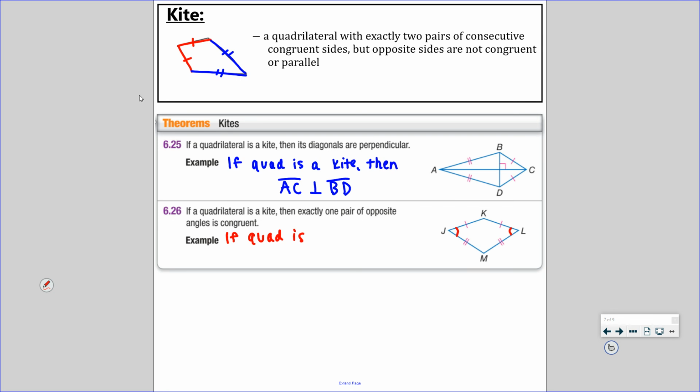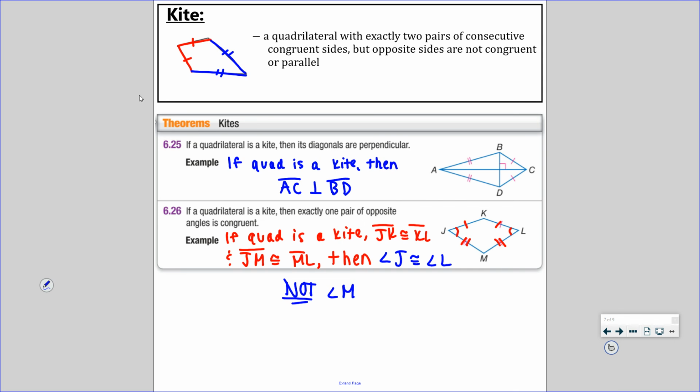So in this example, since JK is congruent to KL, that's what they're showing you right here, and JM is congruent to ML, that's what they're showing you here. The 2 congruent angles would be J and L, not K and M. Okay, here's why.